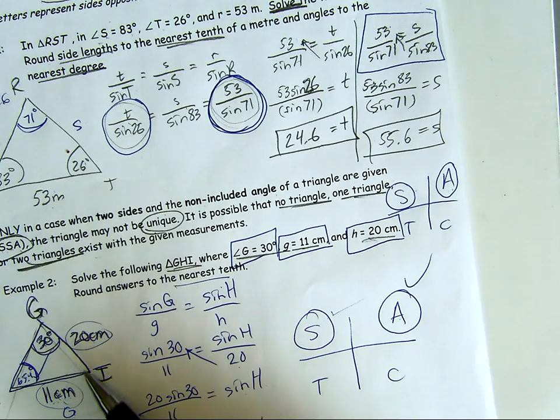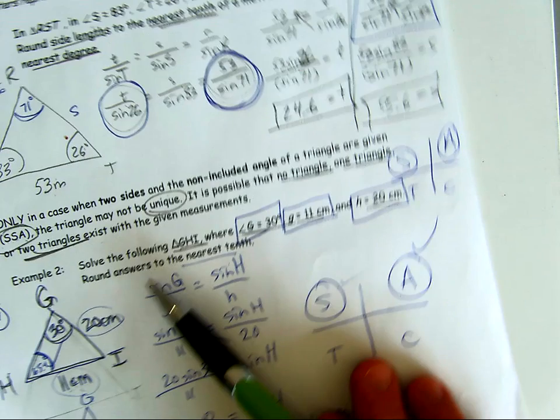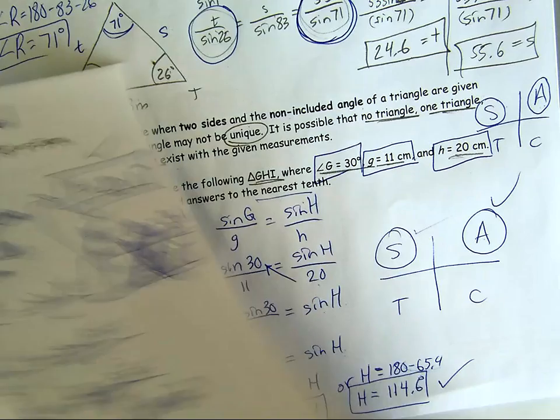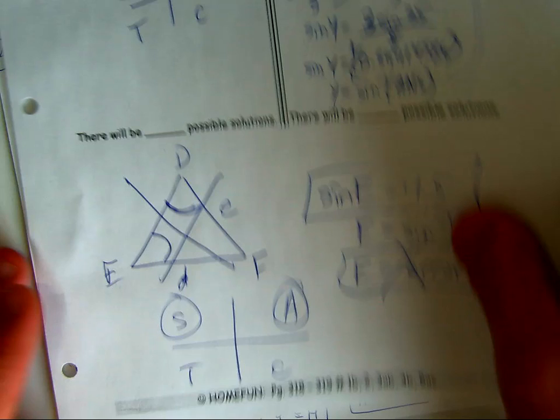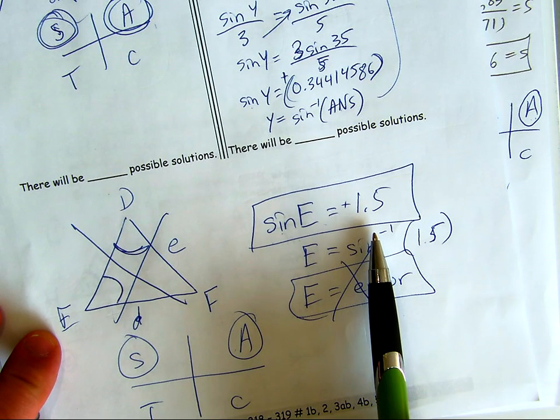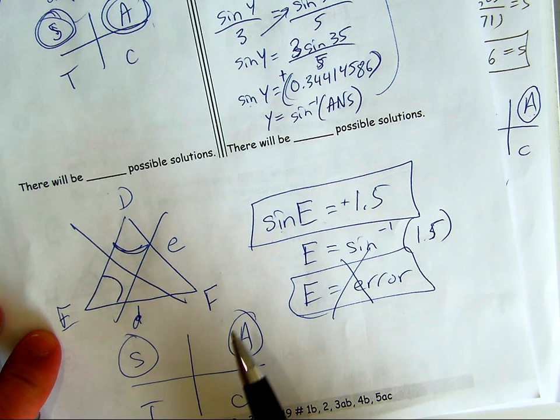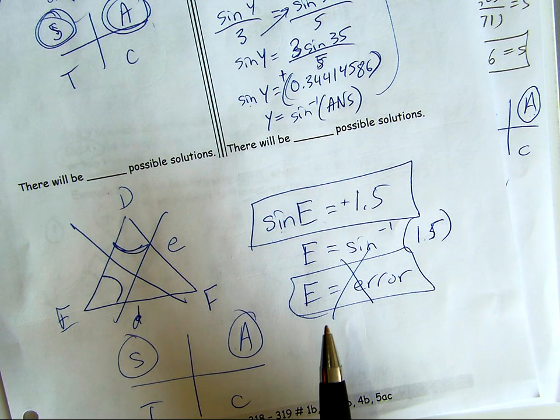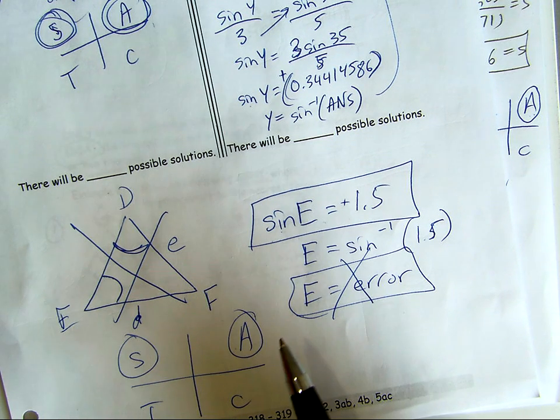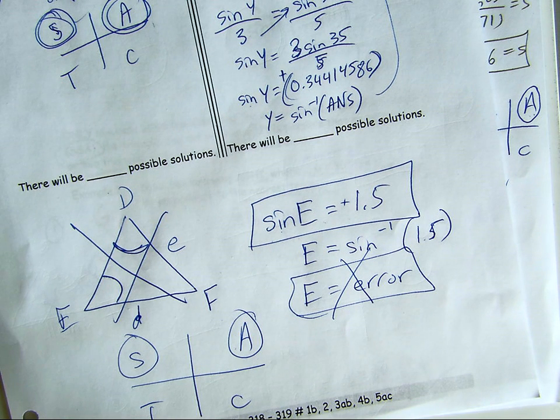Sometimes both triangles make sense and both triangles can be constructed. And sometimes you'll end up with something like this as a part of your homework, and it'll say error, that means it's impossible to construct a triangle. If you actually physically tried to construct that triangle of the given dimensions, it would be impossible to do so.